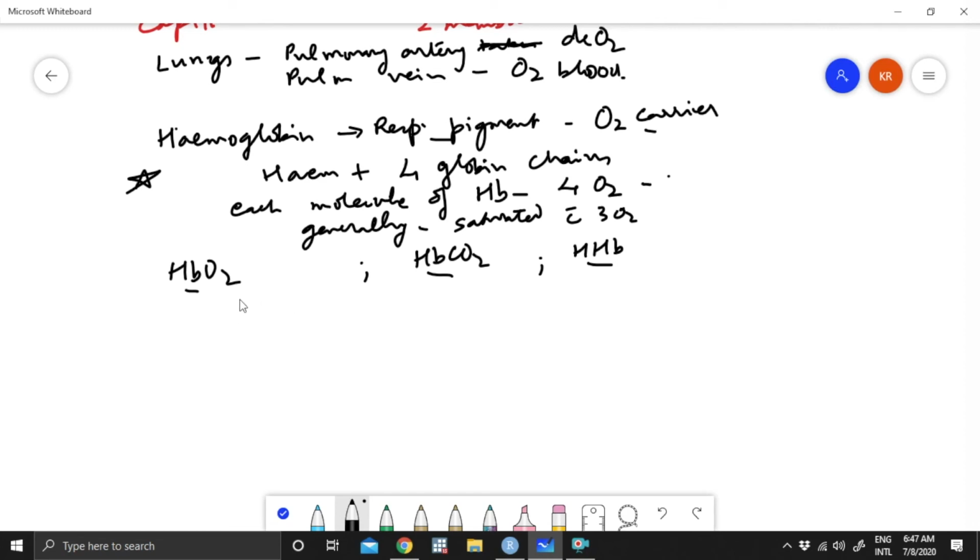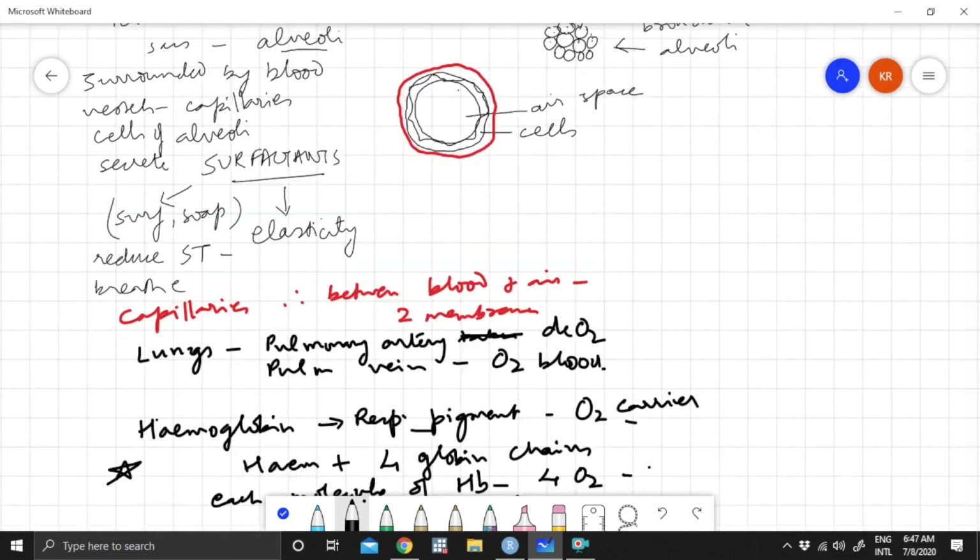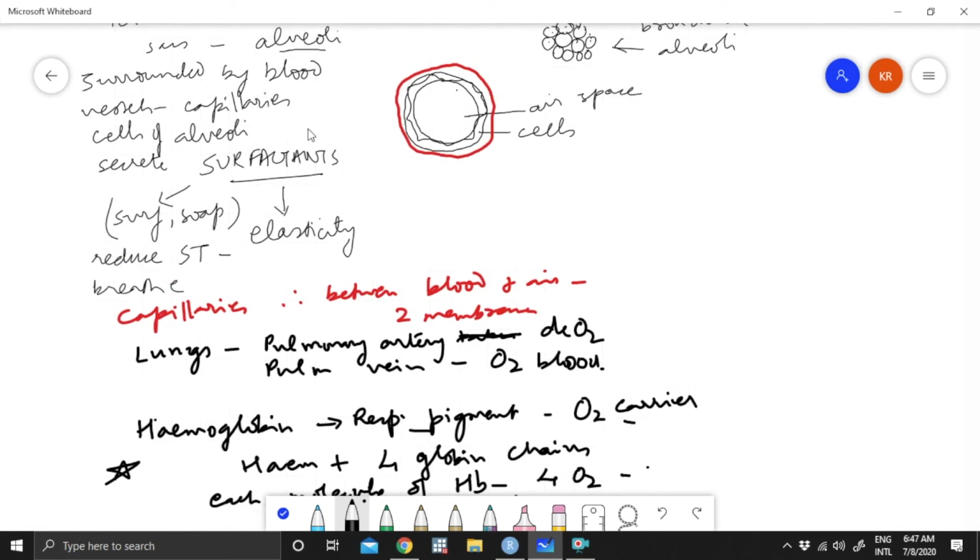So it easily dissociates. When we say easily dissociates, it means that in the place in the body where there is less oxygen, it will easily dissociate to release oxygen. So this is how exchange of gases will take place, and so coming back here, this is the alveolus.